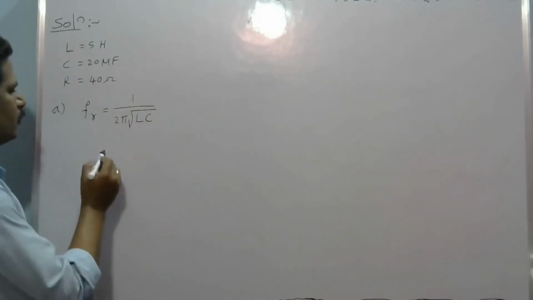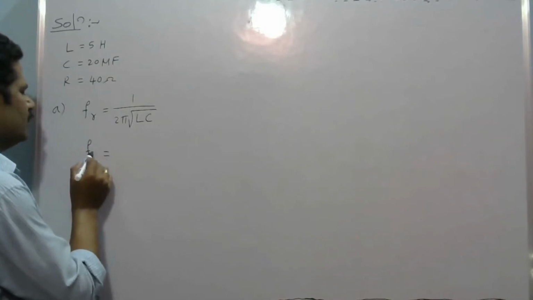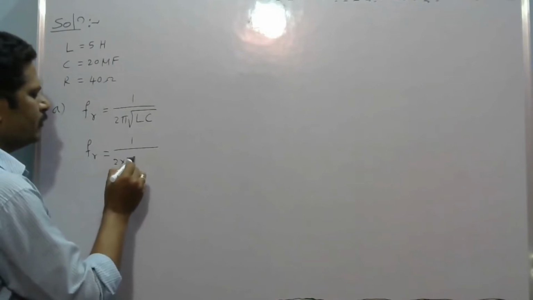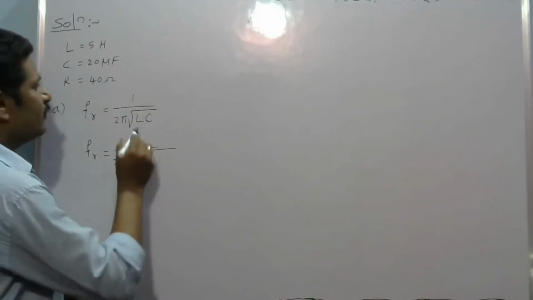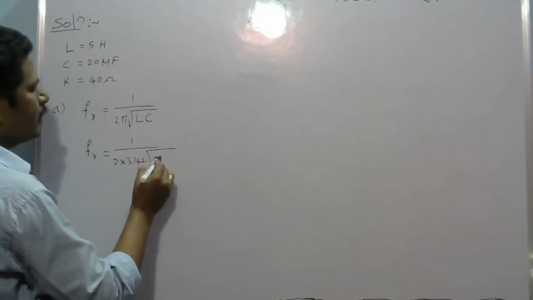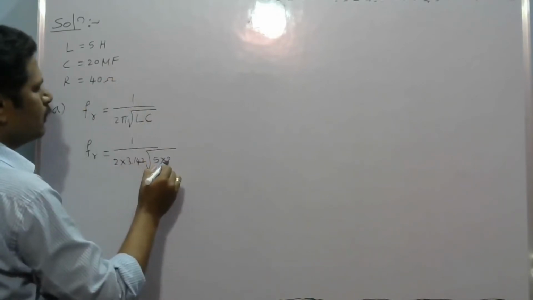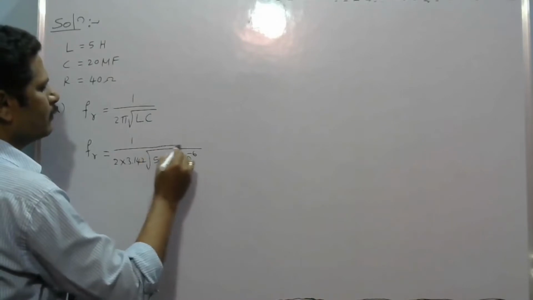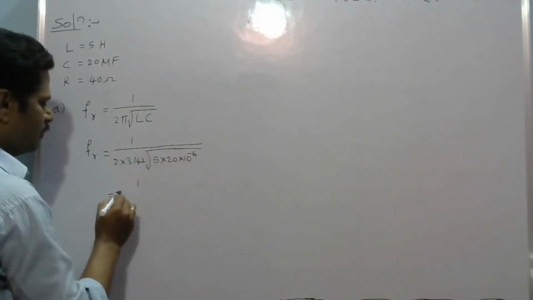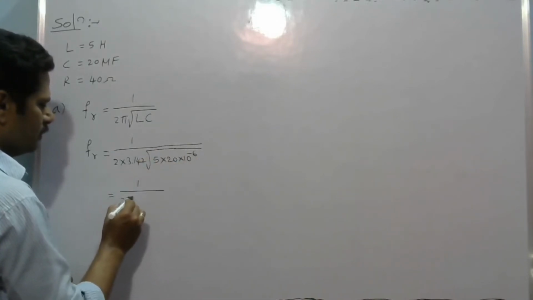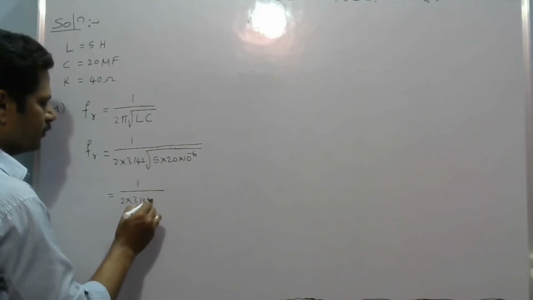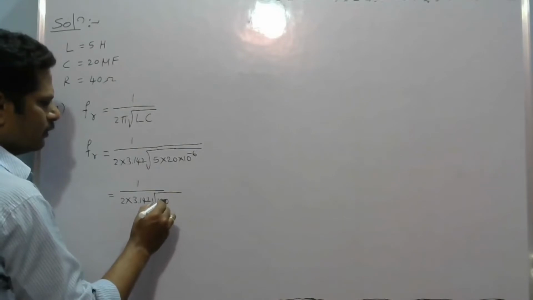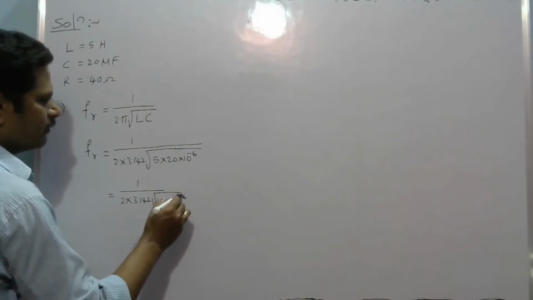Just substitute and simplify, and you will get the resonant frequency. That is 1 divided by 2 into pi, where pi is 3.142, square root of L, where L equals 5 Henry, and C equals 20 microfarad. Micro means 10 raised to minus 6. This equals 1 divided by 2 into 3.142 square root of 100 into 10 raised to minus 6.